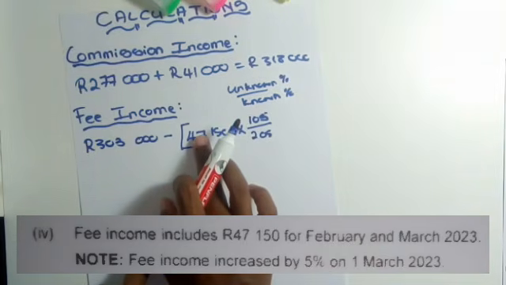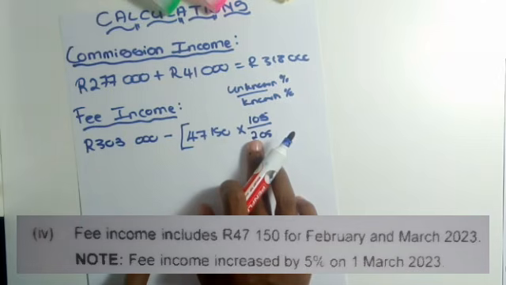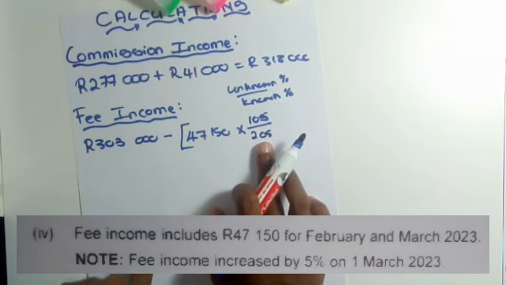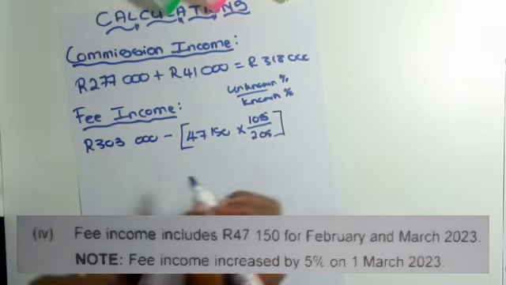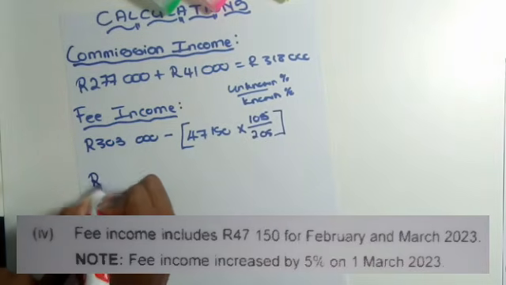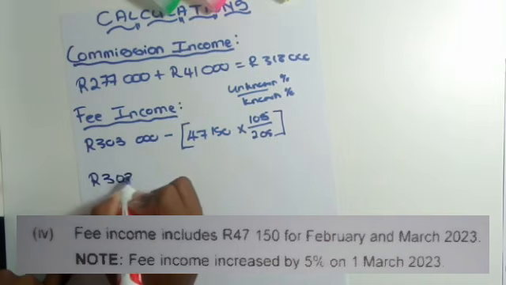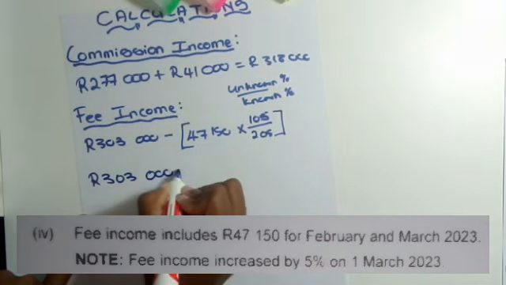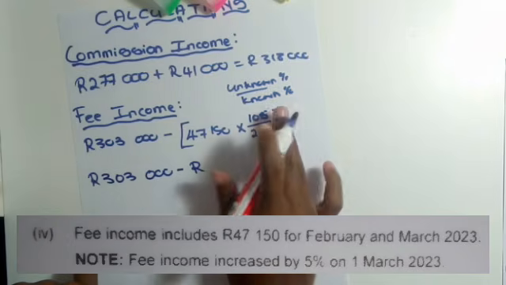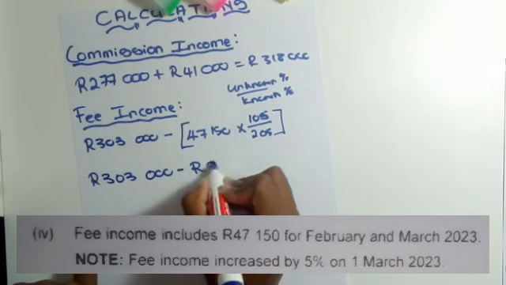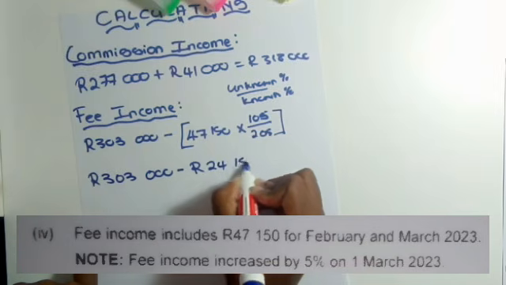Both months are represented by 100 for February and 105 for March, and they're added together there. So that means that the amount that I am subtracting is, when you punch this whole thing into your calculator, it should give you 24,150.